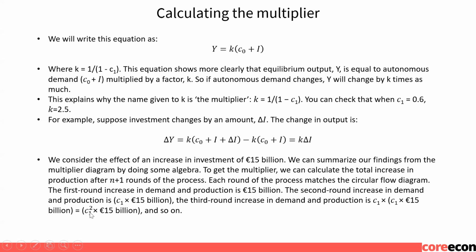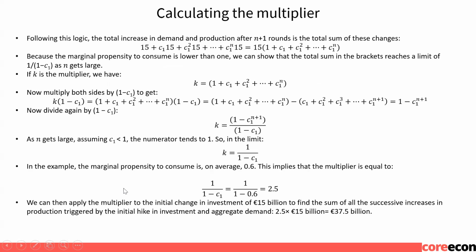The third step, we have C1 to the power 2. So 3 minus 1, right? So at each step, this power here is the number of the step minus 1. So in n plus 1 rounds, we will have C1 to the power n, right? Because n plus 1 minus 1 is going to turn this into C1 to the power n.